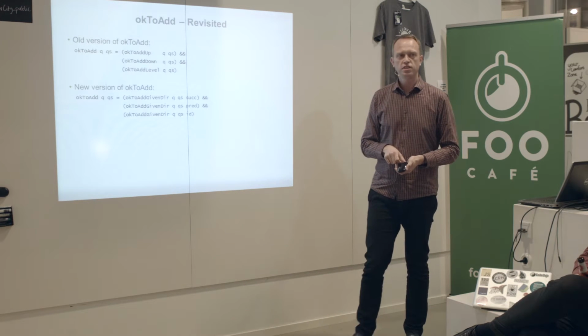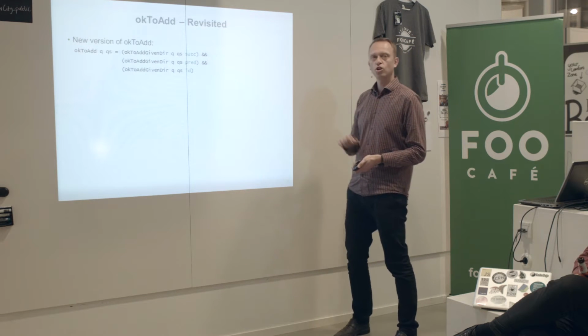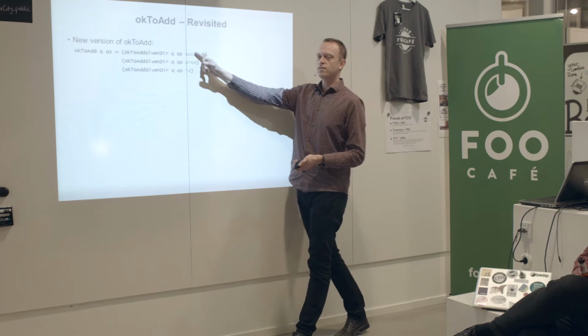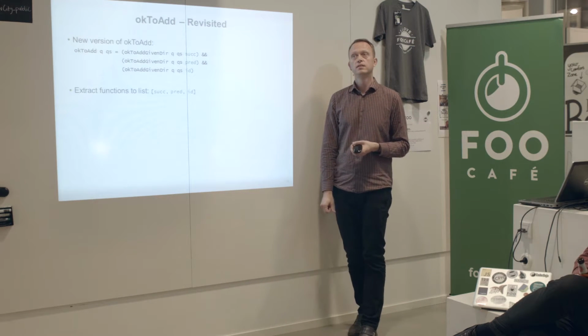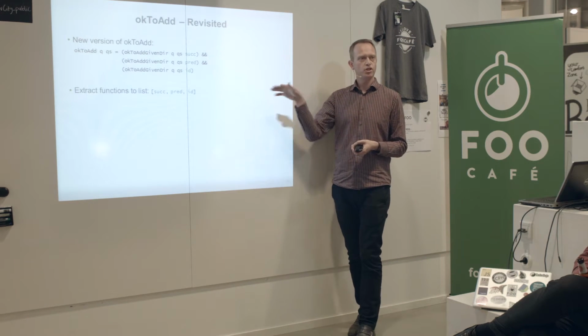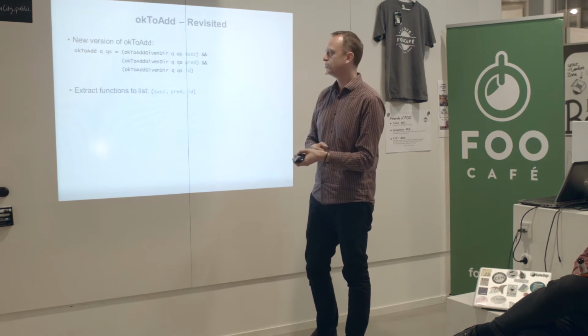But that is actually a pattern in itself. So we can take this one step further. Because once we have this, we can take these 3 functions and extract them to a list. We can have a list of functions, which is fine to do in a functional language, and also in C#, by the way.